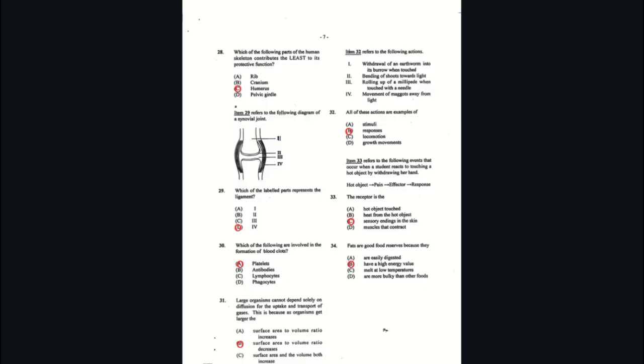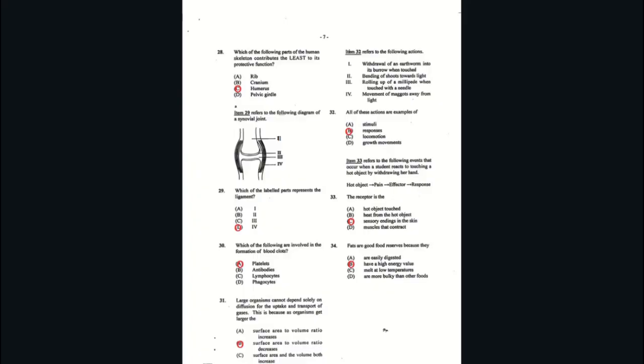The millipede was touched with a needle, it's a stimulus. And the movement of maggots away from light is also caused by a stimulus. So all of these are responses. You might be tricked and say A is the answer, but A is not the answer, B is the answer, because these are all responses to a stimulus.